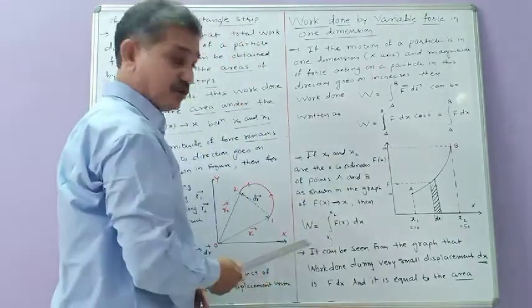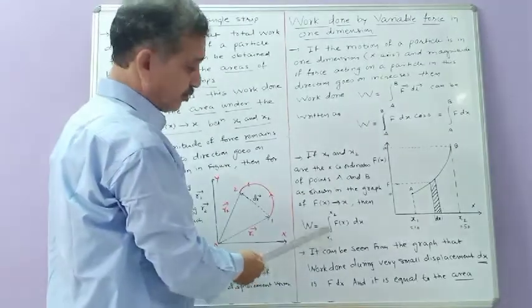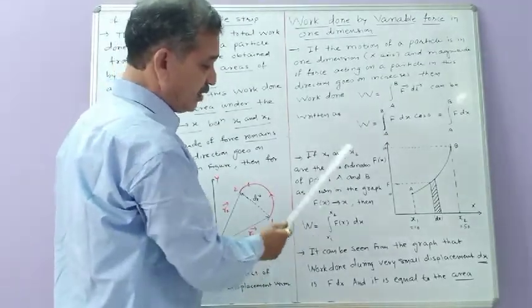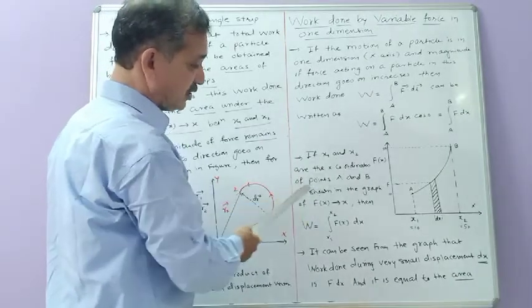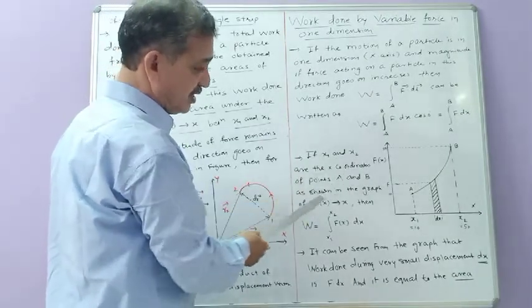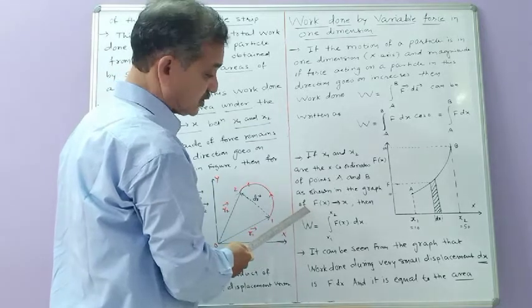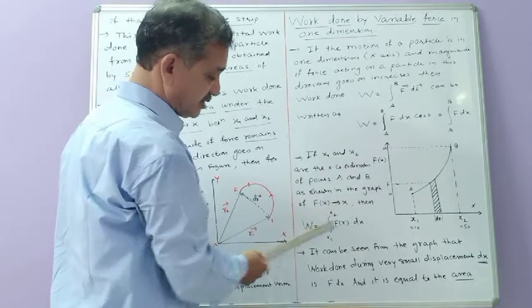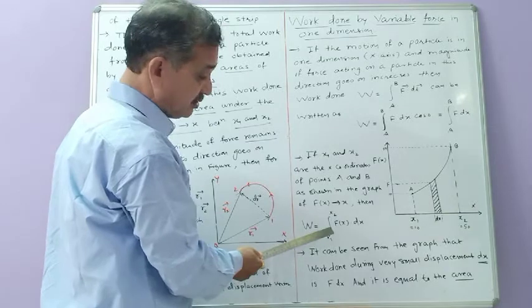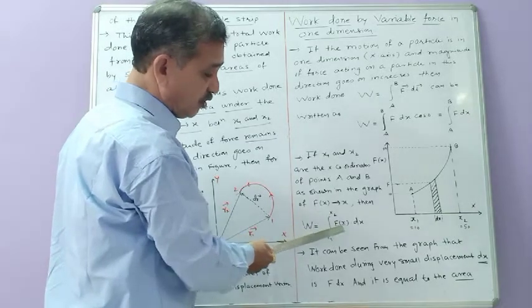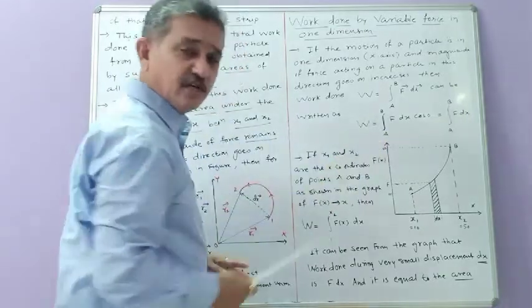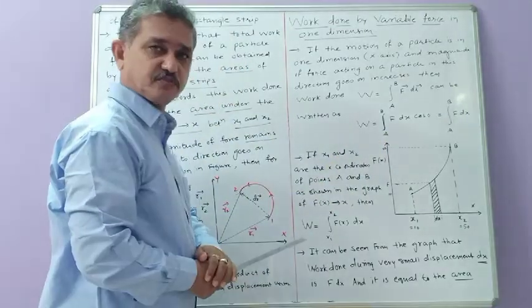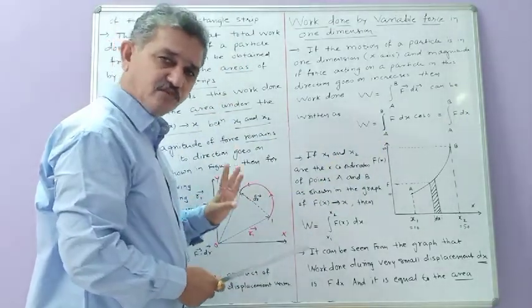So the final equation of W is the integration from x1 to x2 of Fx dx. If x1 and x2 are the x coordinates of points A and B as shown in the graph of Fx versus x, then W equals the integration from x1 to x2 of Fx dx, or simply F dx, where F is a function of x.